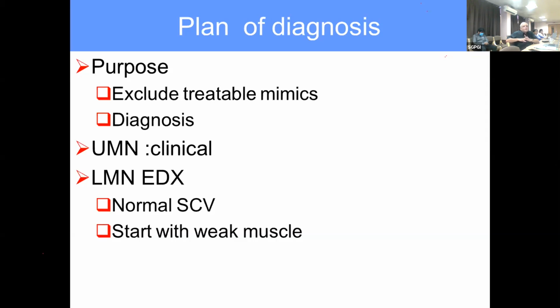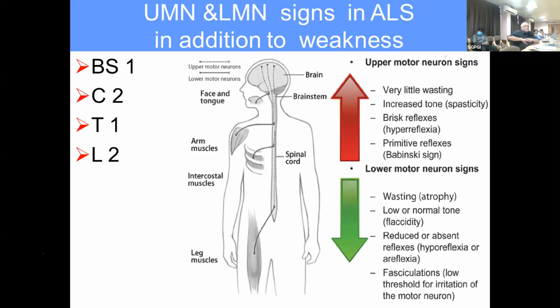For lower motor neuron, we have to check normal sensory conduction and look at the denervation and reinnervation. Start with the weak muscle. The weakest muscle should be examined first because this is likely to give you maximum information. Now, this is an important diagram. It shows you that the motor neurons in the brainstem and the spinal cord are affected.